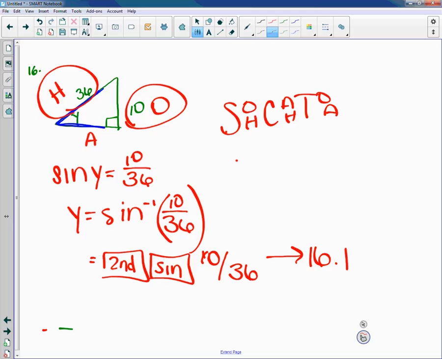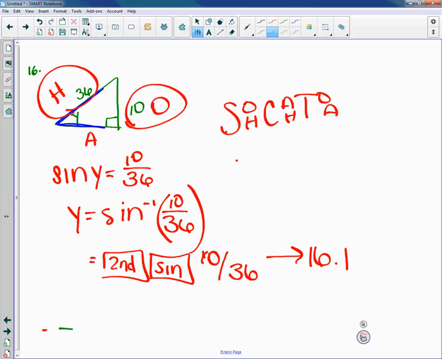So anytime you do not know the angle, you have to hit second sine, second cosine, or second tangent. That's the only other thing there is to it. Now, pick a number on here for us to do. 24, I heard. We're on the back. 24, beautiful.